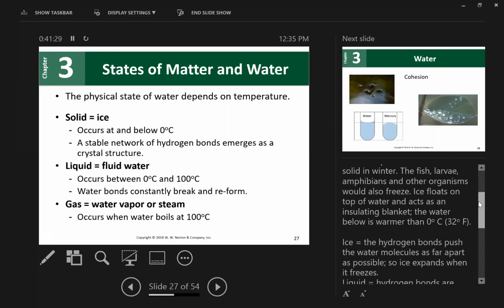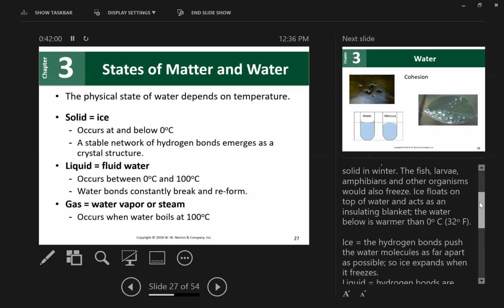And those stable hydrogen bonds become crystallized. All of those atoms slow down, and that's where we have that solid form. So in ice, the hydrogen bonds hold the water molecules really far apart, so the ice is expanding when it freezes. Everything slows down and goes apart.